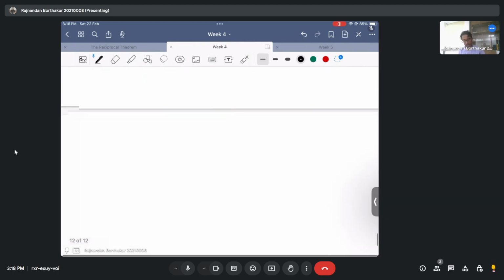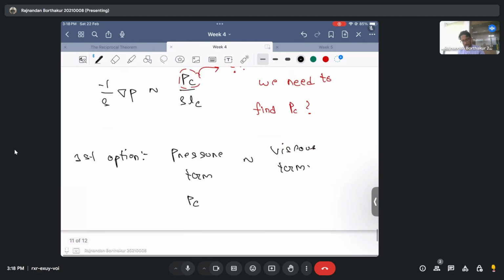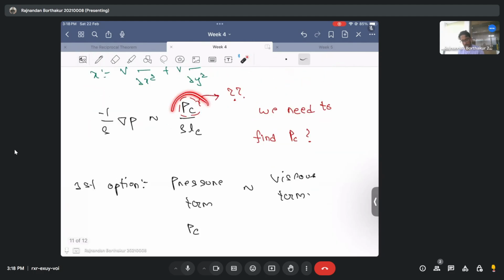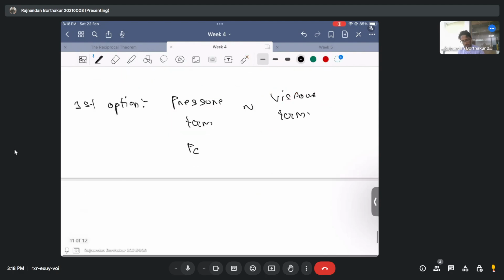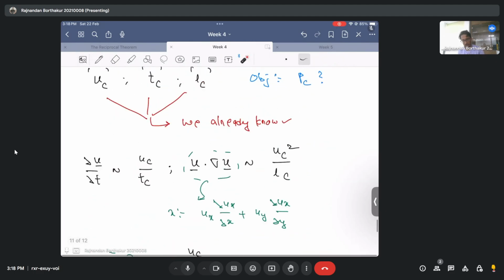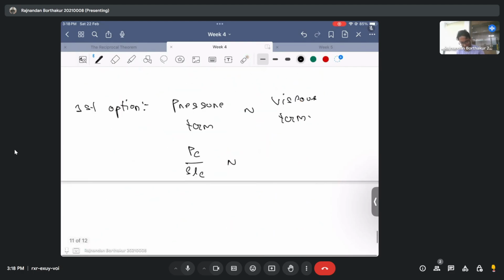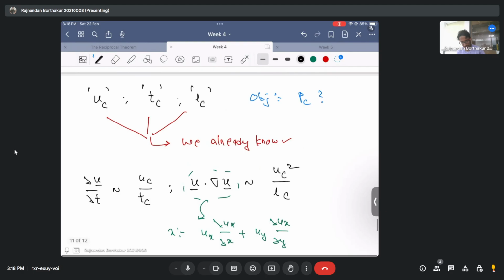And in that context, I can say that this PC by rho LC, because this was the scale for the pressure term, would scale as the viscous term, where the scale for the viscous term is just UC square by LC. So my PC by rho LC would scale as UC square by LC.